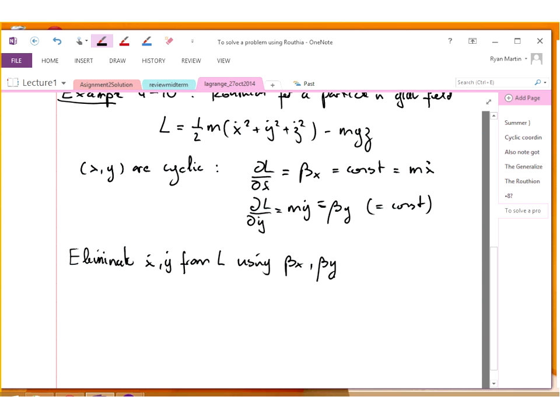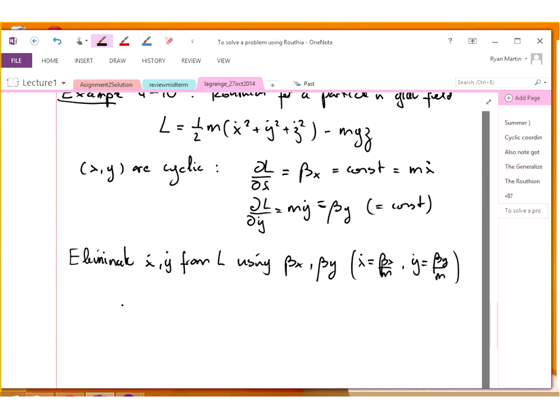So we want to eliminate x dot and y dot from the Lagrangian in favor of beta x and beta y. So we have x dot is going to be beta x over m, and y dot is beta y over m. Right?